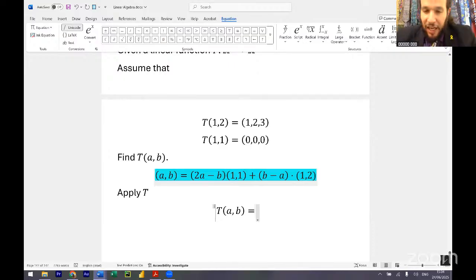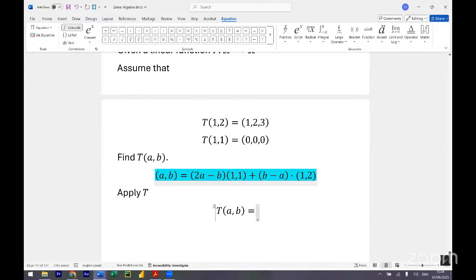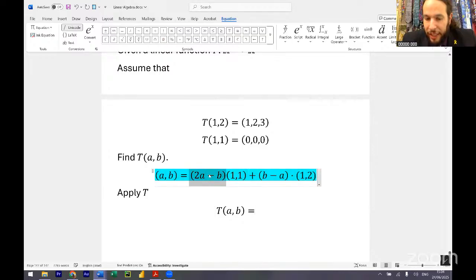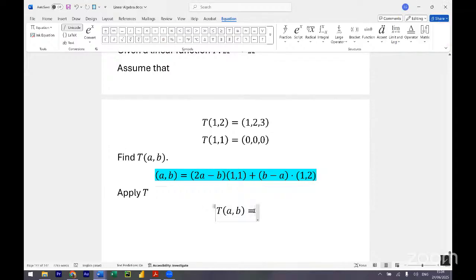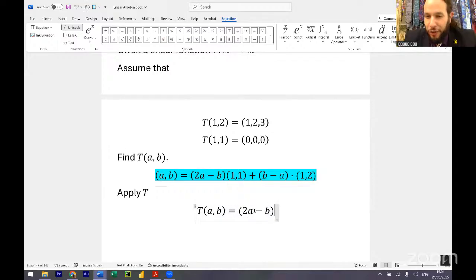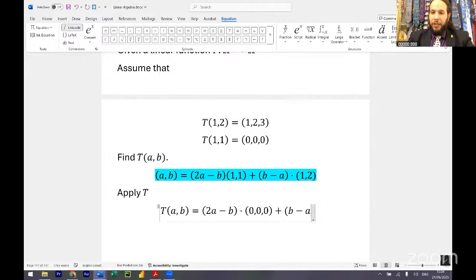And on the right-hand side, what do you get? 2A times 0, 0, 0, plus B minus A times (1, 2, 3).